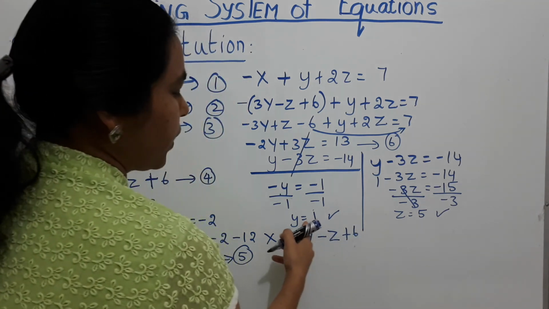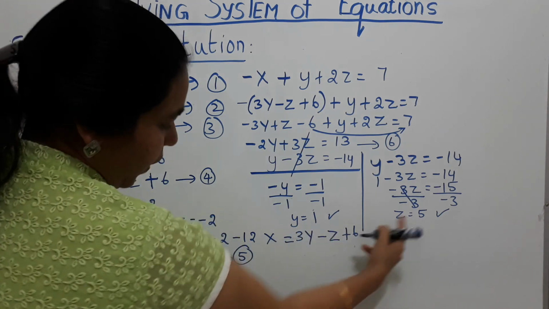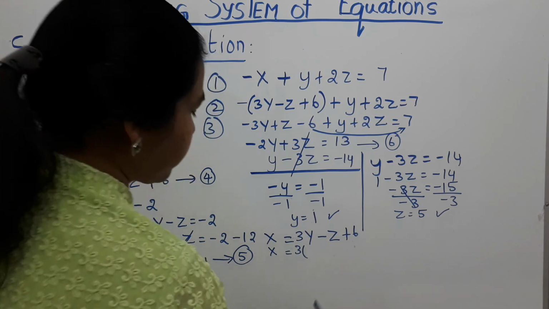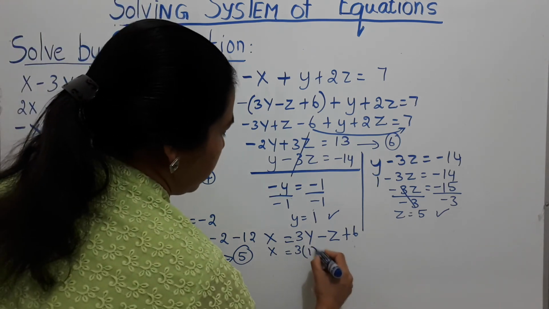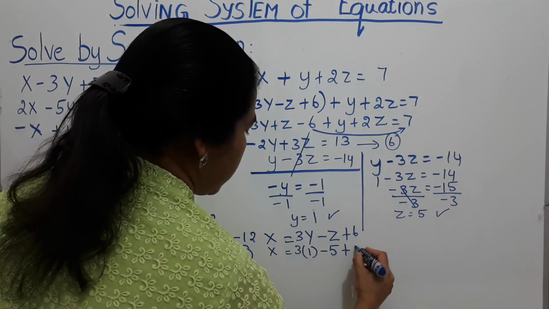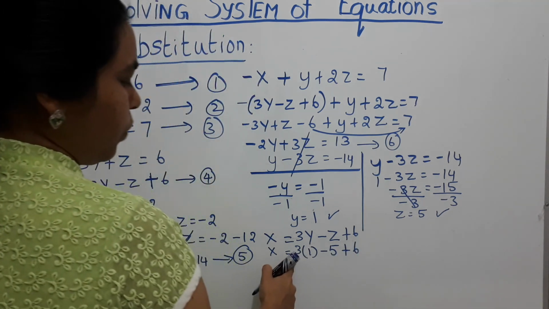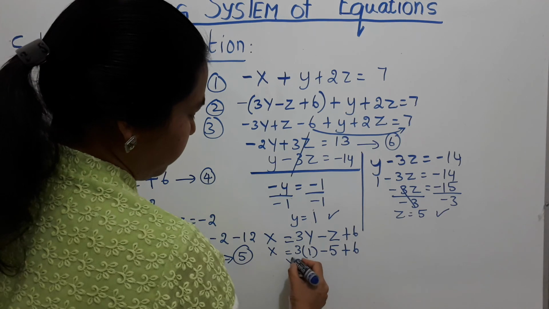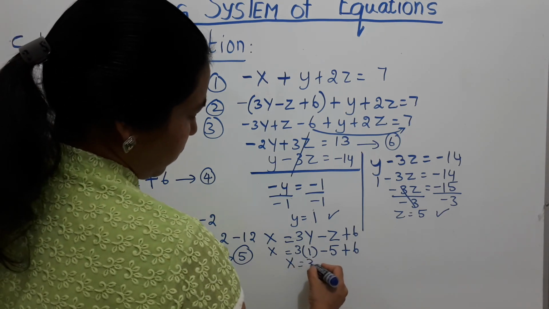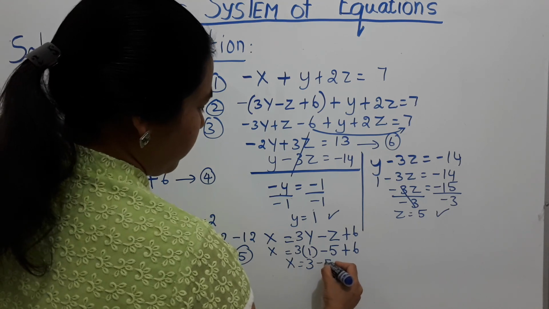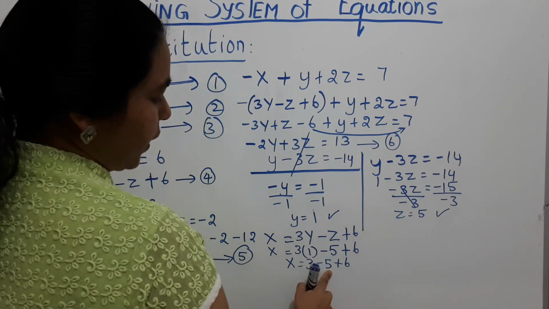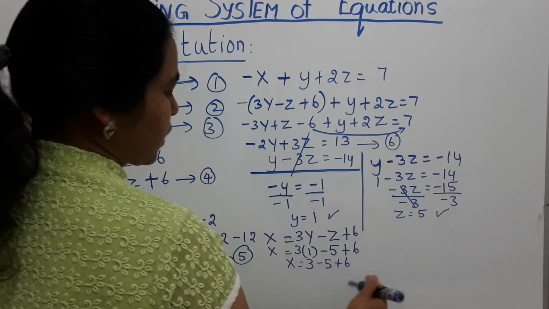The value of y is 1 and z is equal to 5. So x equals 3 times 1 minus 5 plus 6. So 3 minus 5 is -2. -2 plus 6 will be 4.